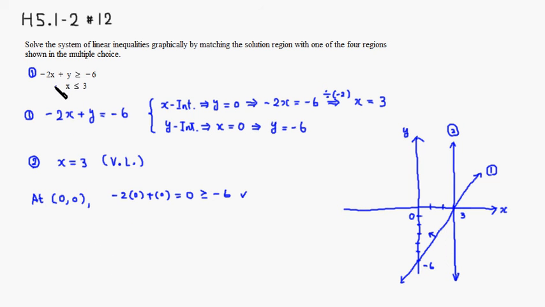In this case, x is 0. Is 0 less than or equal to 3? Actually, this one satisfies too. So we need to pick the side which contains 0, 0, which is the left half plane. So we need to shade this section right here.